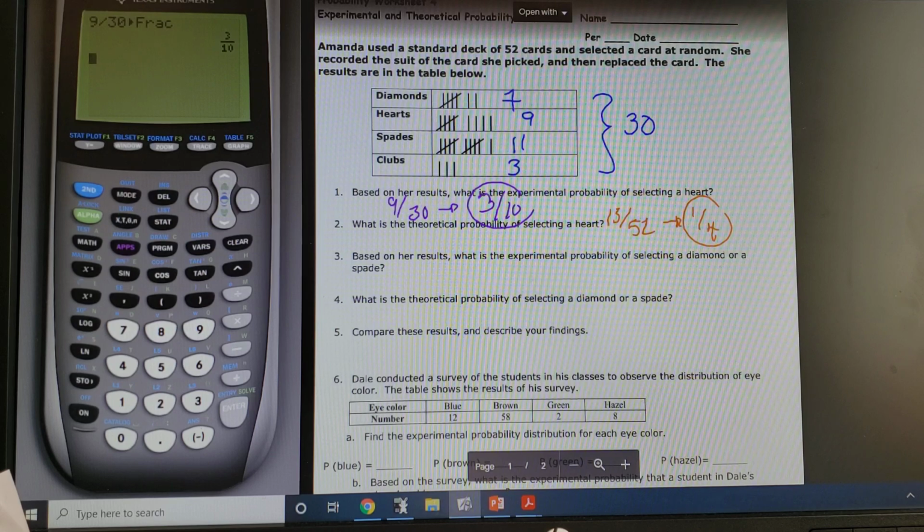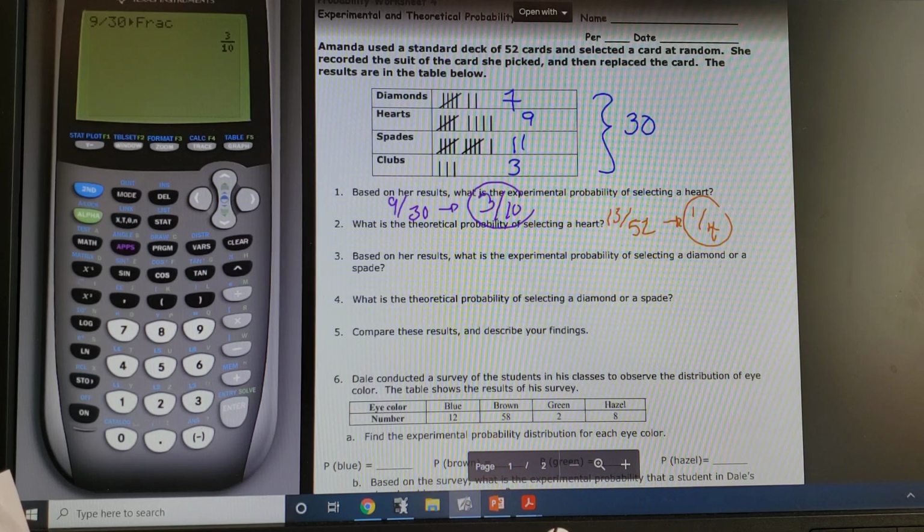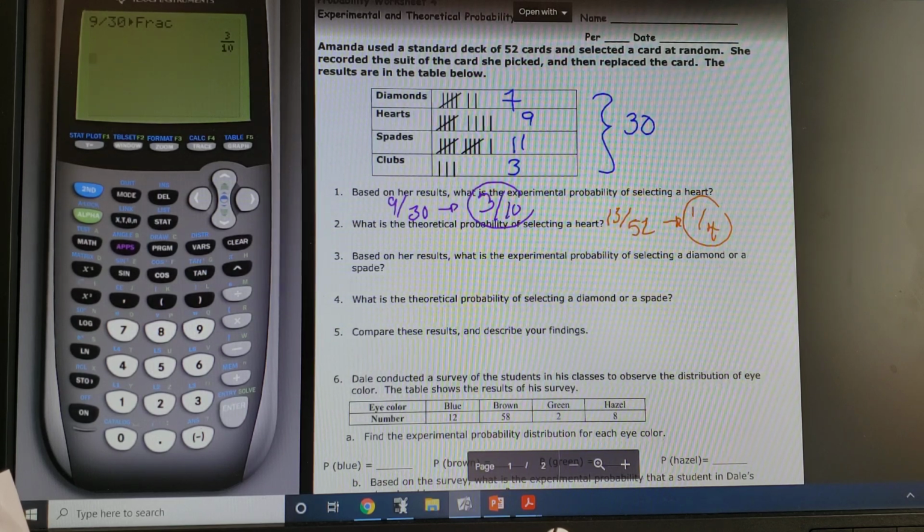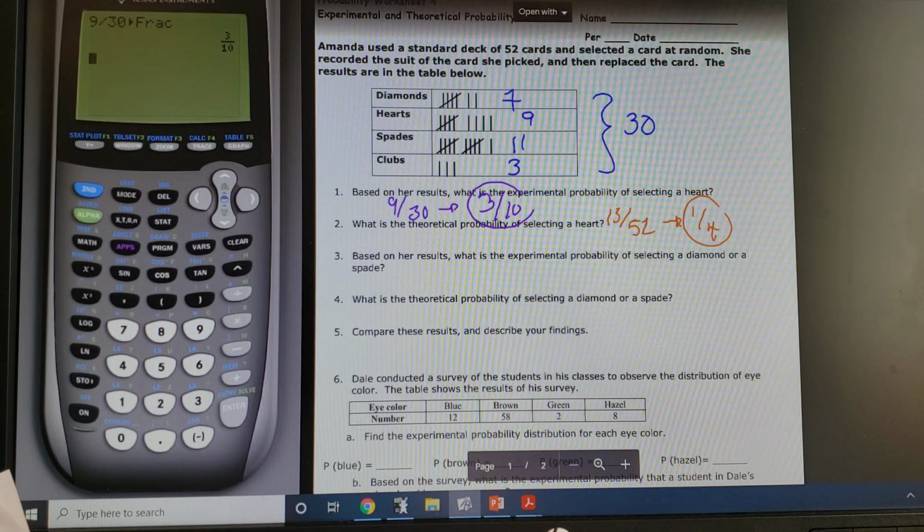All right, number 3. Based on the results, so back to the chart, what is the experimental probability of selecting a diamond or a spade? So there are how many diamonds? 7.